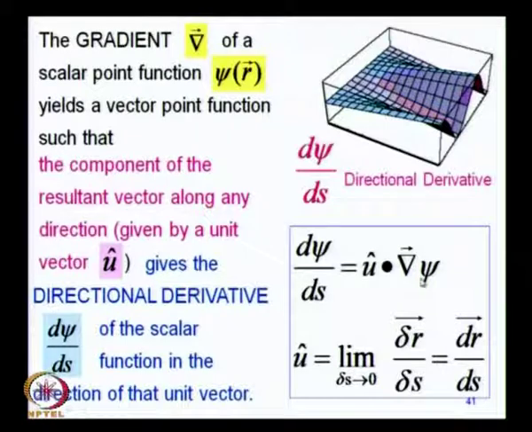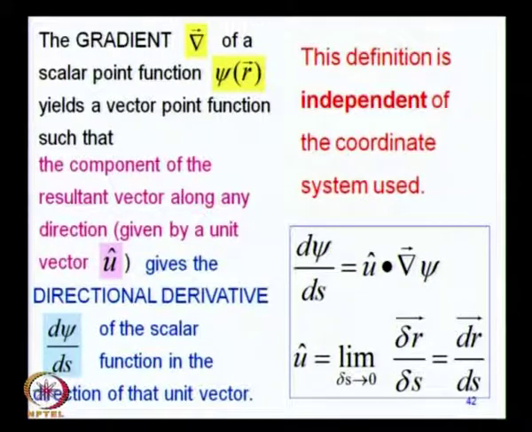But the different expressions must be such that the scalar product gives you the left hand side, which is independent of any coordinate system. The scalar product itself must be independent of the coordinate system, that is a scalar, and that is a nice thing, the independence with respect to the coordinate system which is employed.